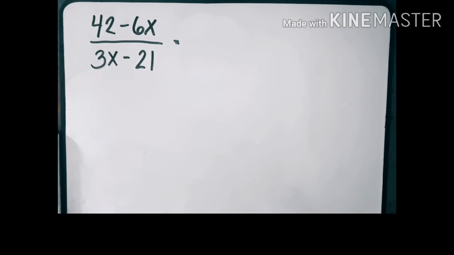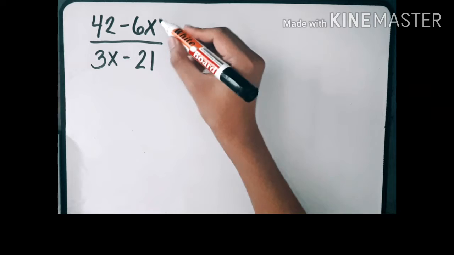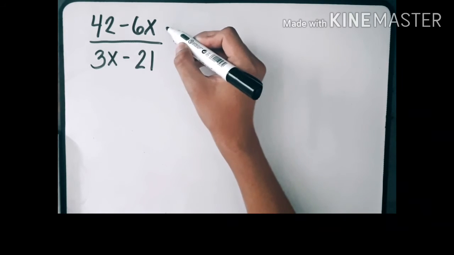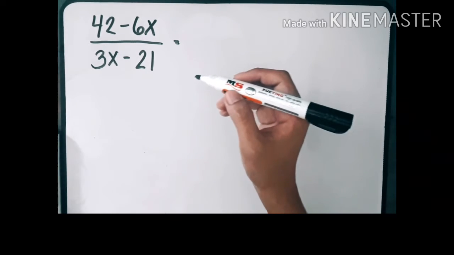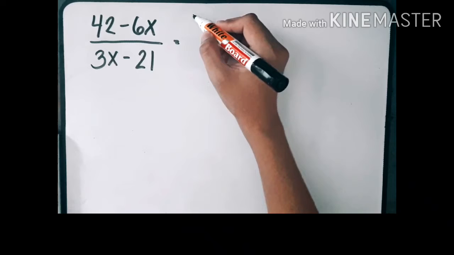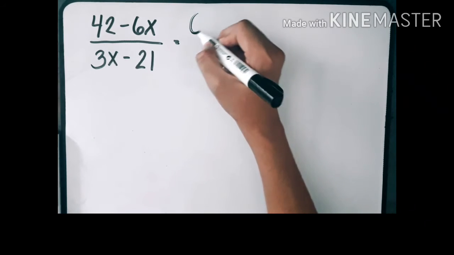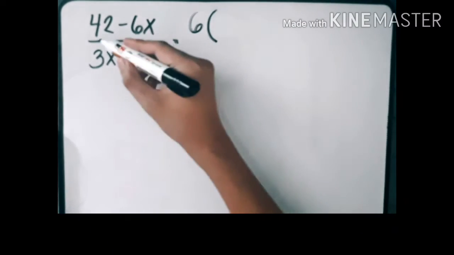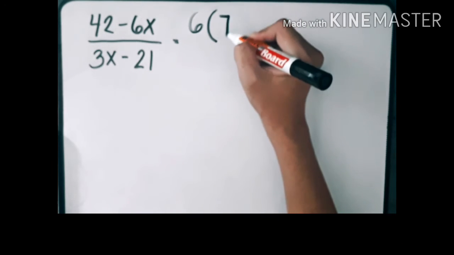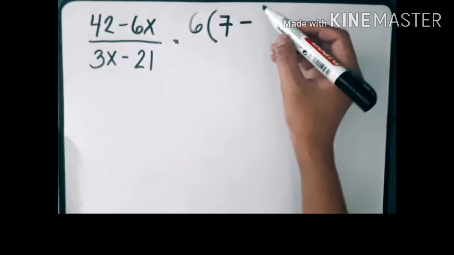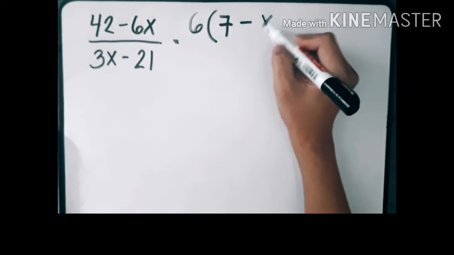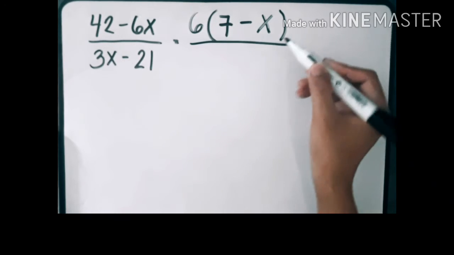How about 42 minus 6x over 3x minus 21? Una, factor out natin ulit or hanapin natin yung greatest common factor ng numerator. So, 42 could be 6 multiplied by 7. So, ang greatest common factor niya is 6. 42 divided by 6 is 7, minus 6x divided by 6 is x, over.